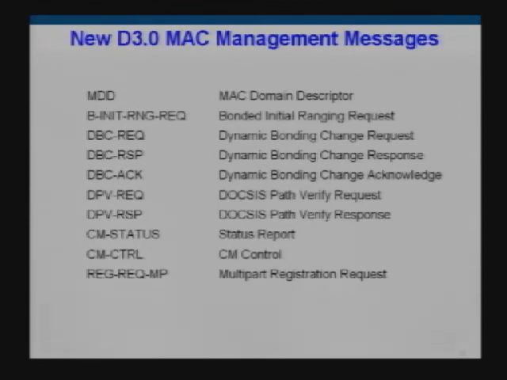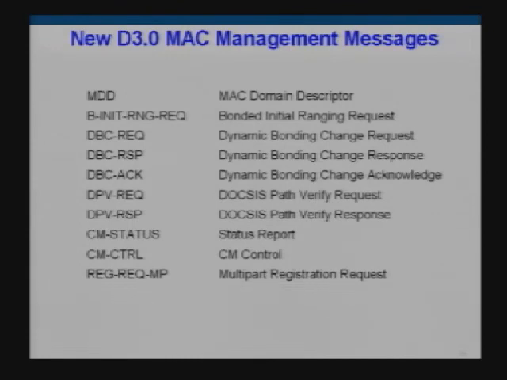What is listed here are some of the important MAC management messages which are introduced in DOCSIS 3.0. This is not a complete list, but a few key ones are listed here. MDD or MAC domain descriptor message is one of the most important messages which plays a key role with DOCSIS 3.0 implementation.